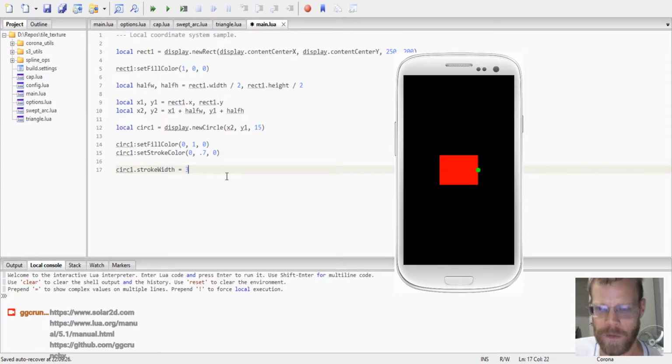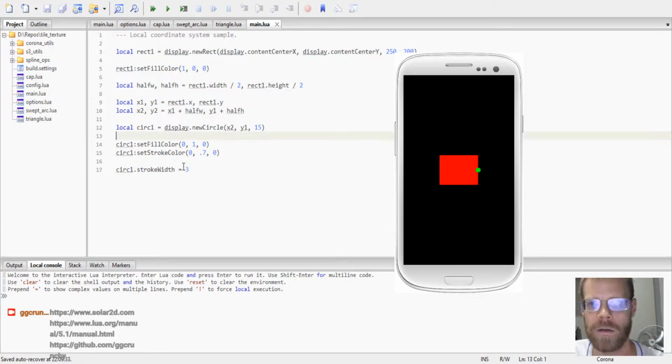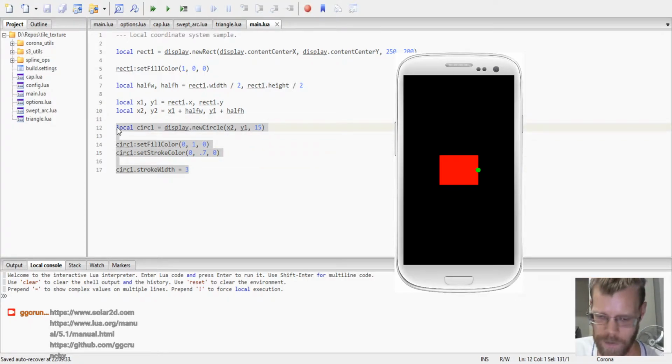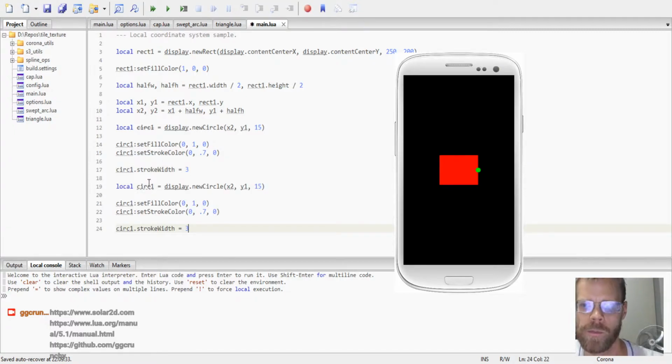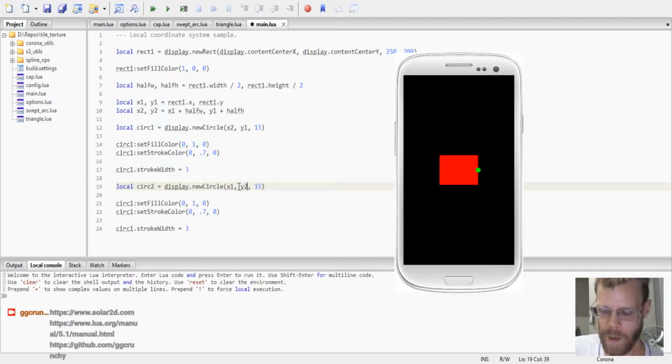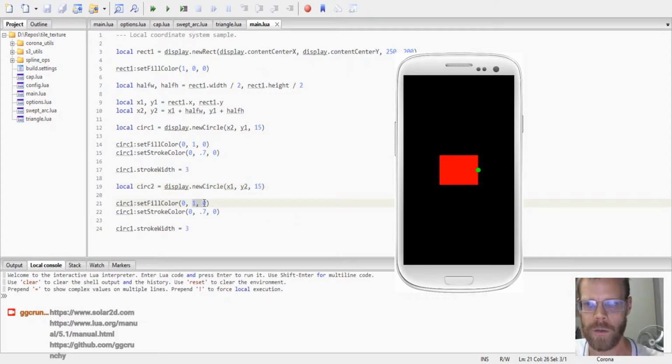I don't know how well that shows up. I'll leave it at that. And another circle, with the same X position as the center of the rectangle, but the new Y coordinate, and make that one bluish.